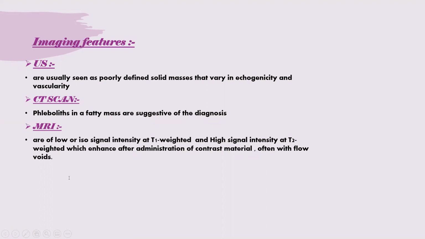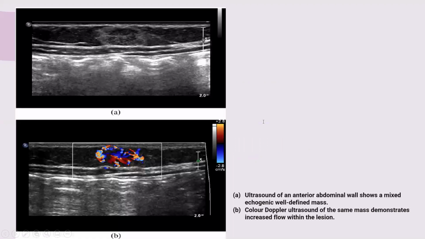Ultrasound of the anterior abdominal wall shows a mixed echogenic, well-defined mass. Color Doppler ultrasound of the same mass demonstrates increased flow within the lesion.